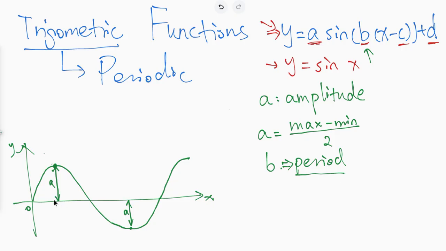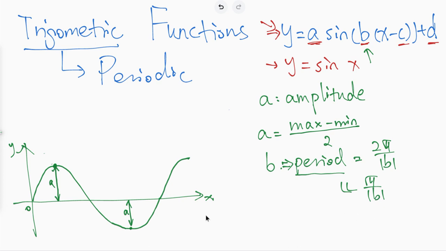For sine and cosine functions, the period can be calculated as 2 pi over b, and for a tangent function, it will be equal to pi over b. And for this b, we put an absolute value sign here.